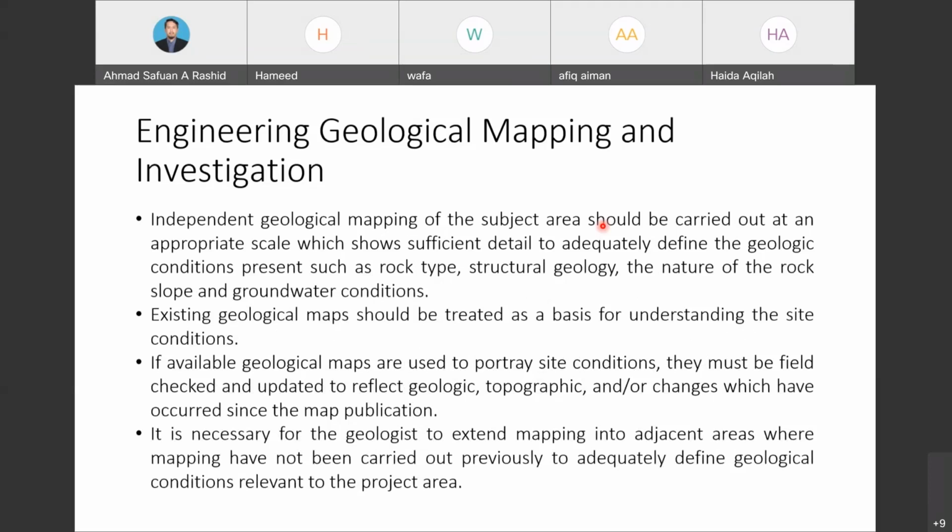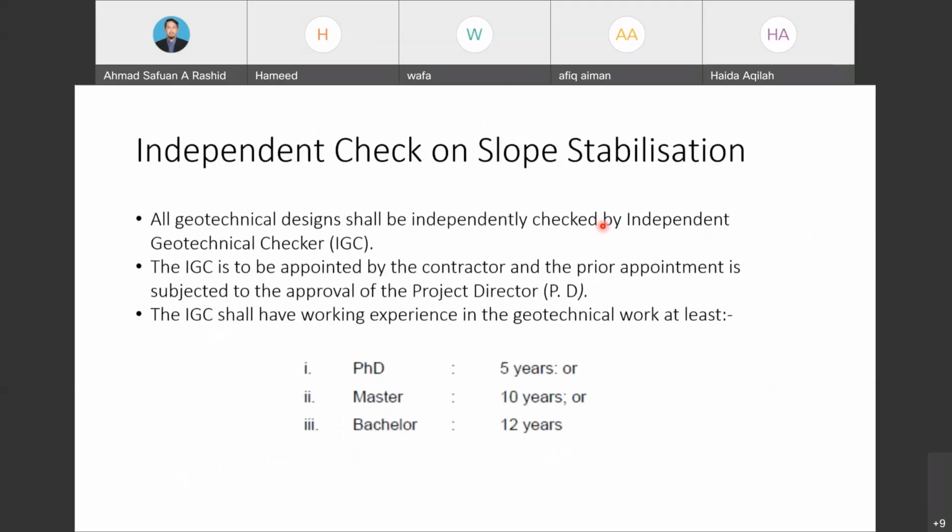Okay. So independent check of slope stabilization. Okay. So for example, the designer has carried out the analysis. Okay. Then the authority will ask this design should be checked by IGC, Independent Geotechnical Checker.